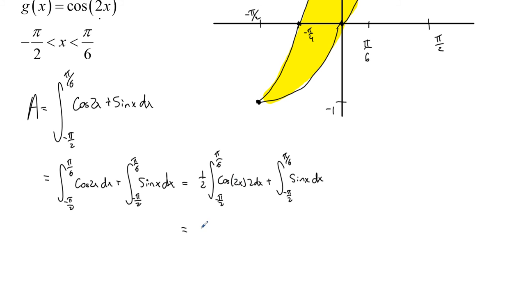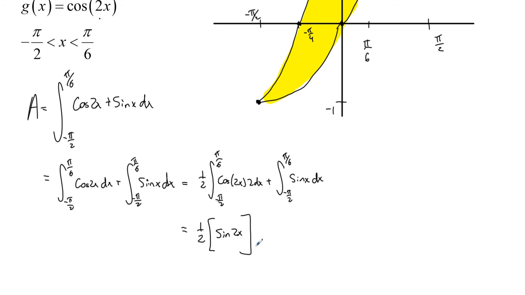So doing this evaluation, I got a half, and then the integral of cosine 2x is sine 2x, and then the integral of sine is negative cosine x, and I can't do it like that, sorry.